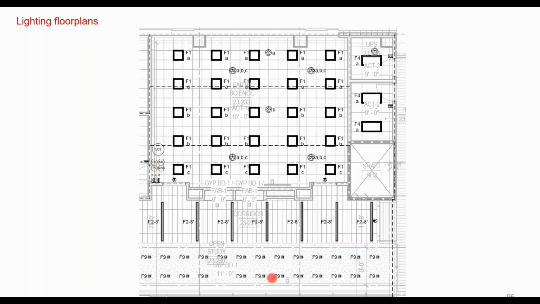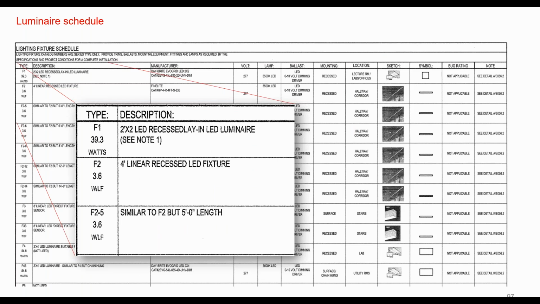But again, from that, what you can end up doing is counting up fixtures, putting wattages to each one of those fixtures, right? You'll find out what type they are. Again, this will be helpful for determining how much heat's going into the space versus how much will be going into, say, a return plenum or a plenum space, right? Whether it's recessed, in this case, both of these are recessed.